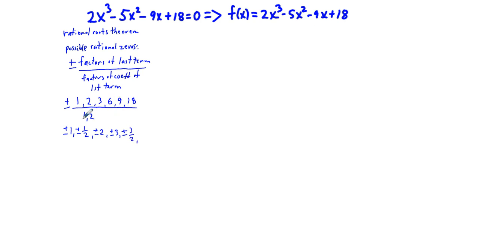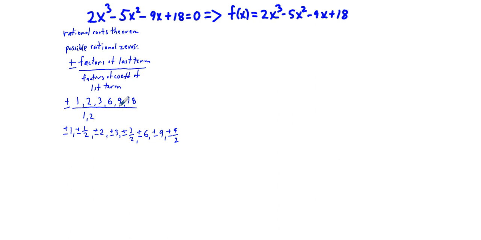Next we have 6 over 1, which simplifies to plus or minus 6. Then plus or minus 6 over 2 simplifies to plus or minus 3, which is already represented. Then plus or minus 9 over 1 is plus or minus 9, and plus or minus 9 over 2 stays as plus or minus 9 over 2.